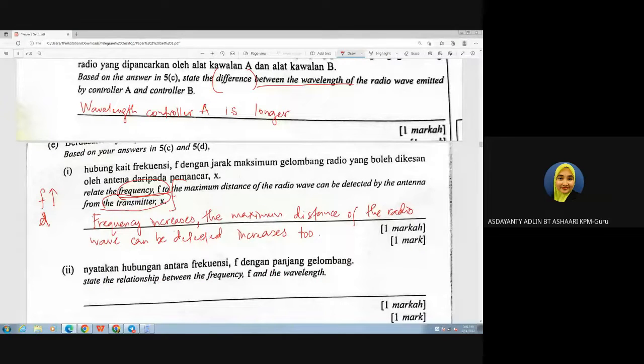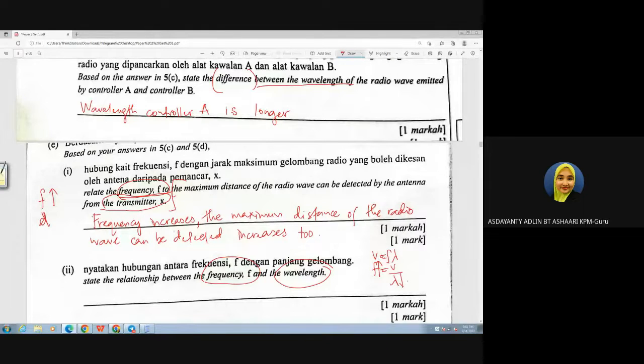Okay, so next, state the relationship between the frequency and wavelength. Okay, v equals to f lambda, f equals to v over lambda. So relationship: f increases, the wavelength is shorter.